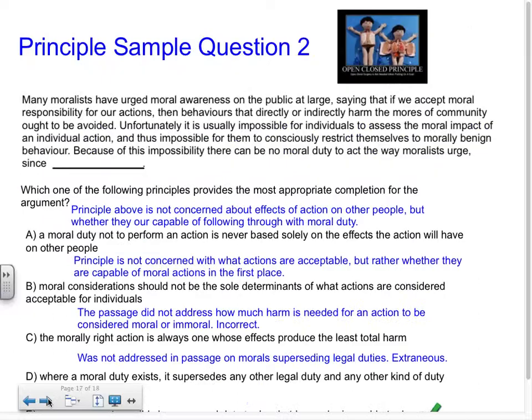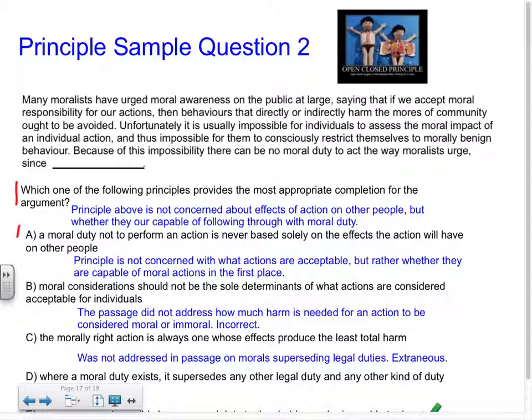Let's take a look at the question. Okay, let's start with A, which is right here. But before we do A, let's read the last part of the question.